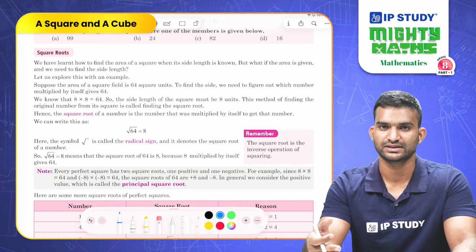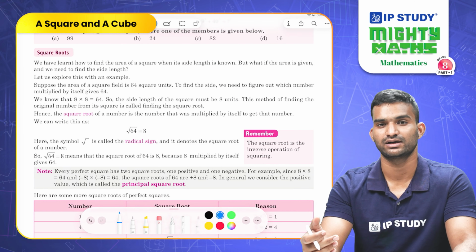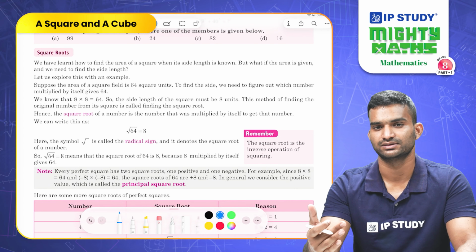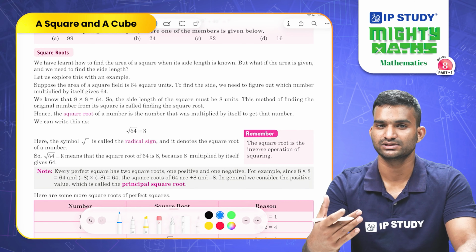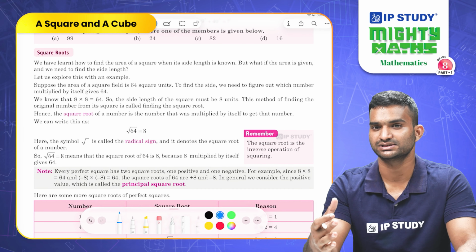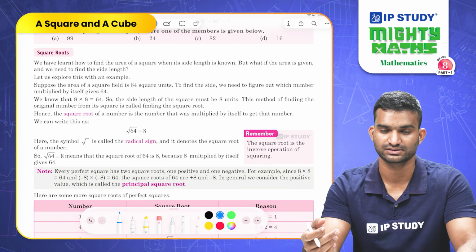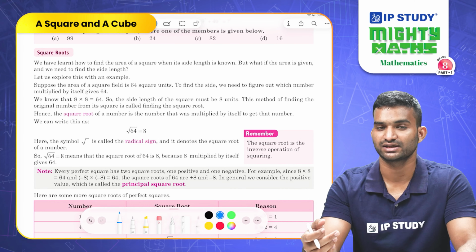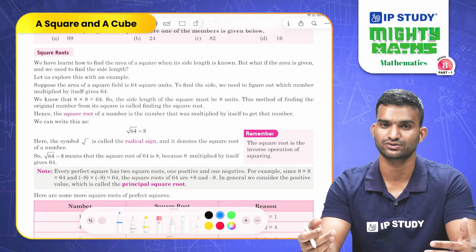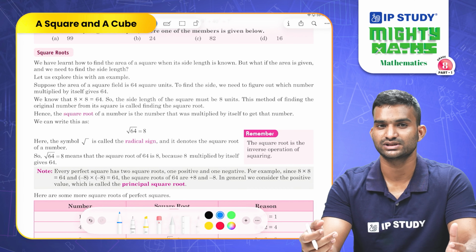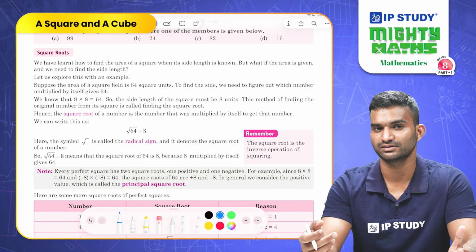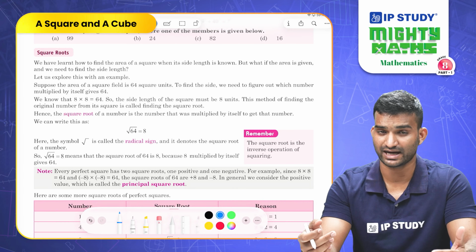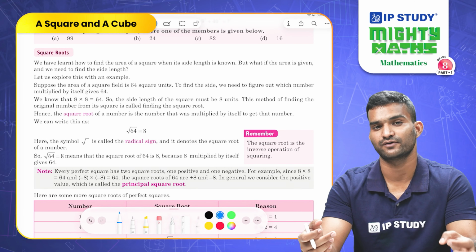So our next topic is square roots. So far we have studied square numbers. In square numbers, we multiplied a number by itself to get the square. But square root is the reverse process of squaring numbers. The square root of a number is the number that was multiplied by itself to get that number.